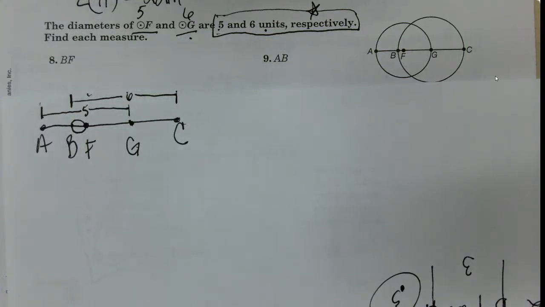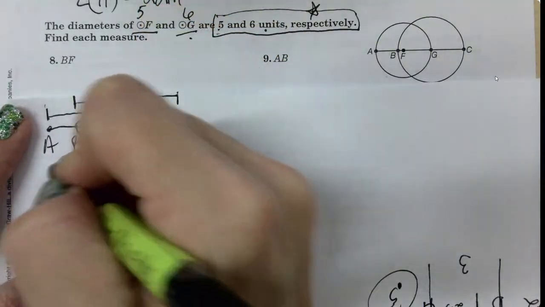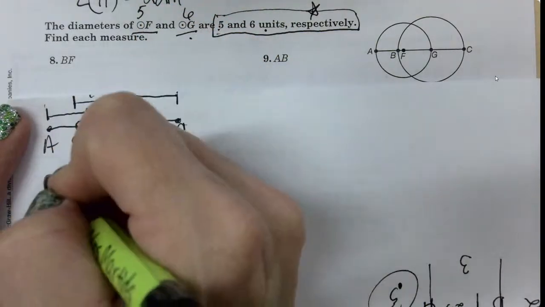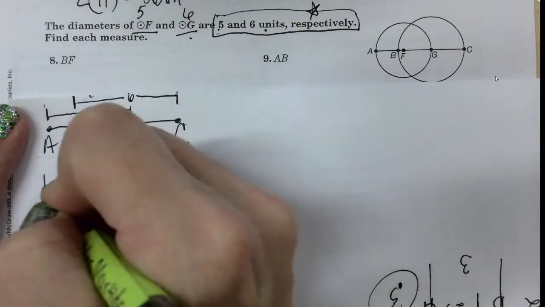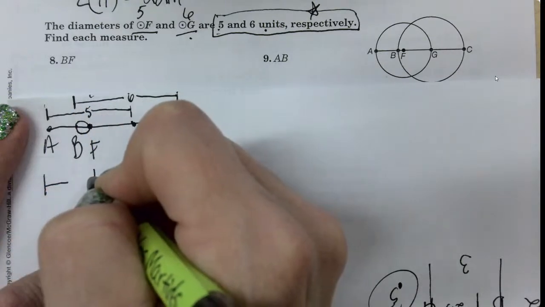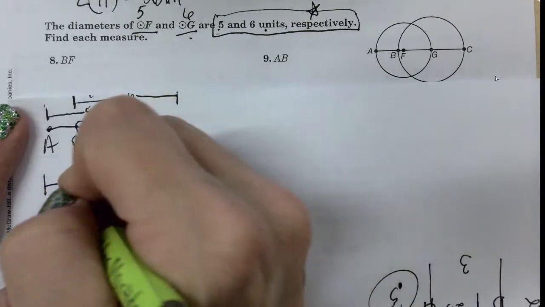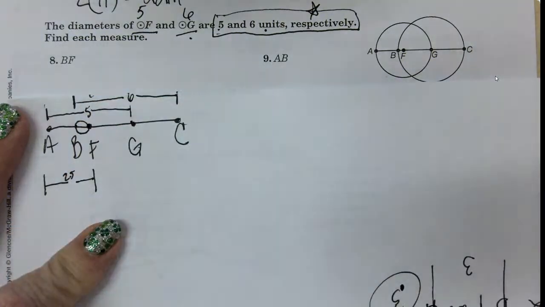But what do we know about diameters? What can we break diameters down into? Radius. And so if we look at a radius of F, it goes from A to F, right? From A to F. And from A to F is 2.5 from A to F.